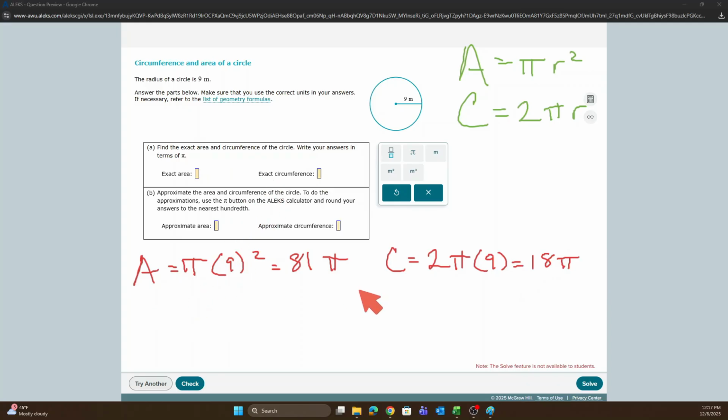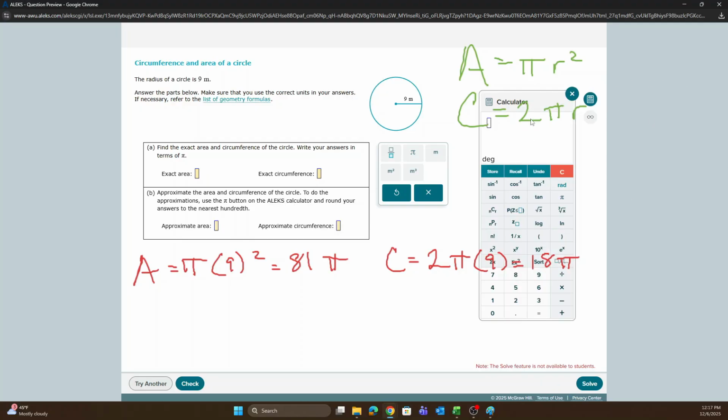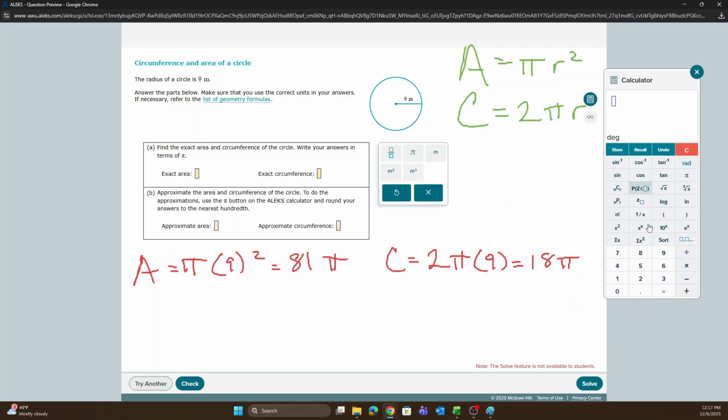Now for the approximate area, we're actually going to utilize the calculator here and put in 81 pi, and that gives us 254.469.